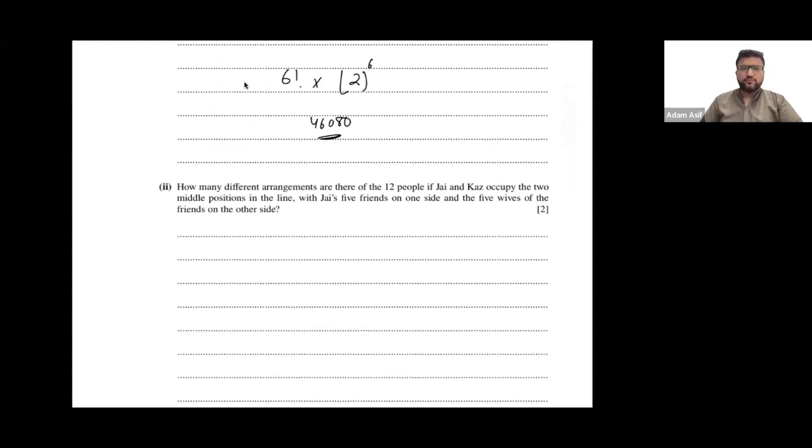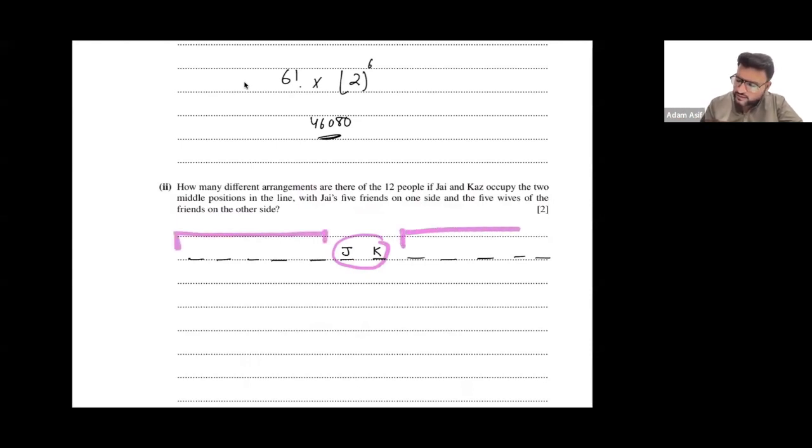Part 2 says, how many different arrangements are there of the 12 people if Jay and Kes occupy the 2 middle positions in the line with Jay's 5 friends on one side and 5 wives on the other side? So Jay and Kes are going to occupy the middle positions. Jay's 5 friends are going to be on one side, and the wives are going to be on the side of Kes.